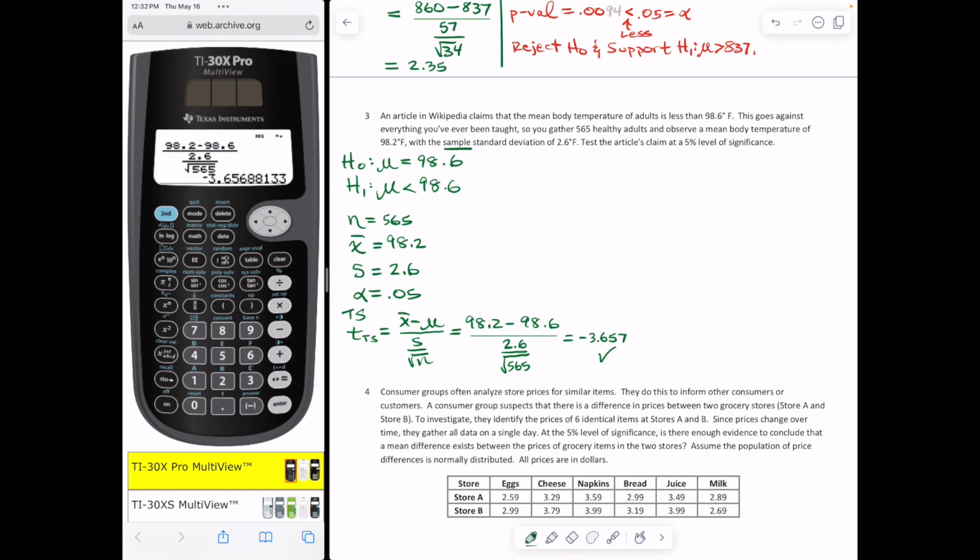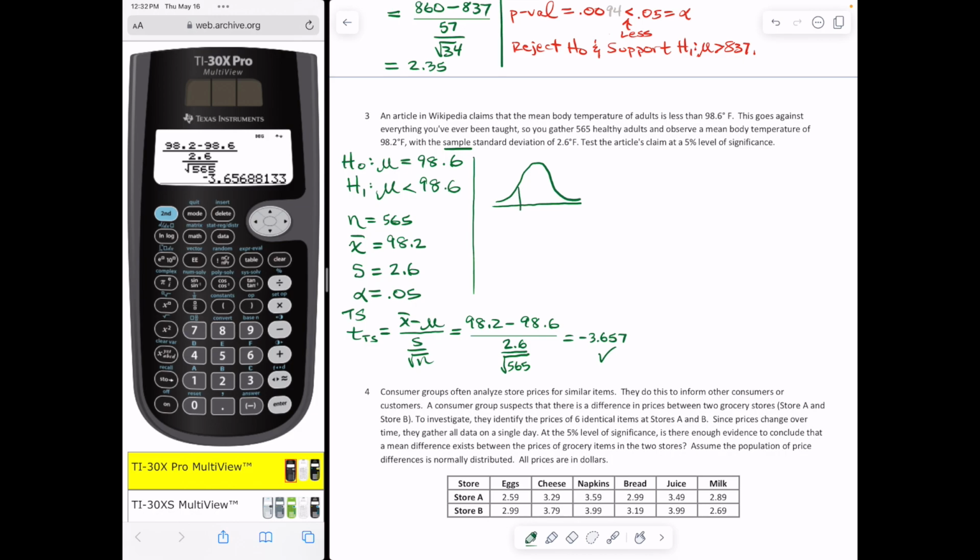Now, for the degrees of freedom here, we're going to have to just deal with that, but we'll look at the table first and decide what we're going to do. For the critical value, we'll look at the table. Let's just actually paste in a little image here. And for the critical value, this is a left tail test.